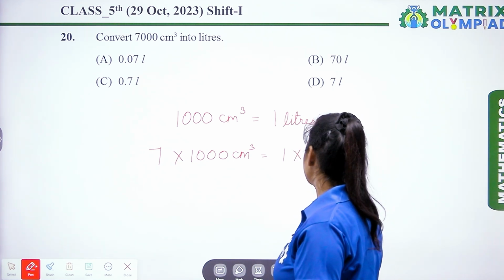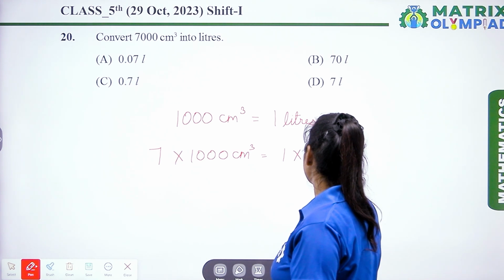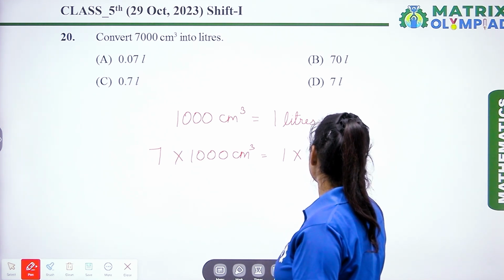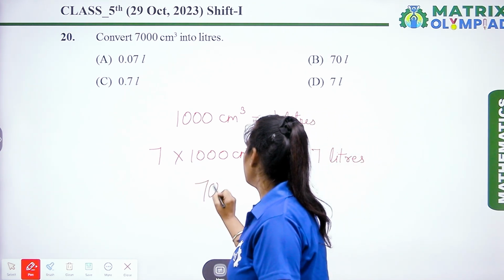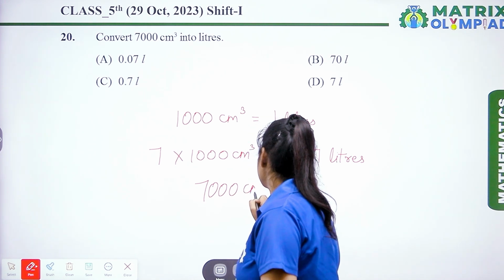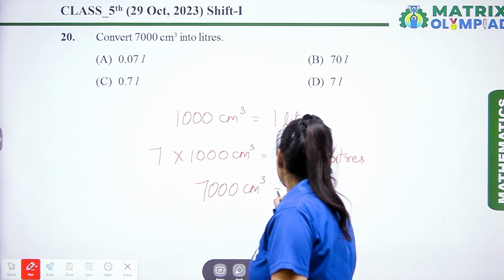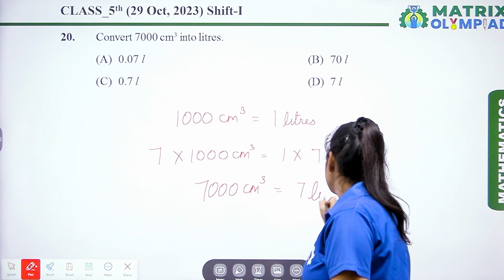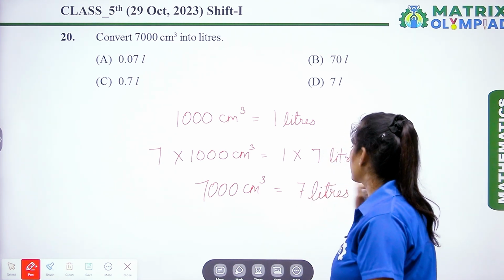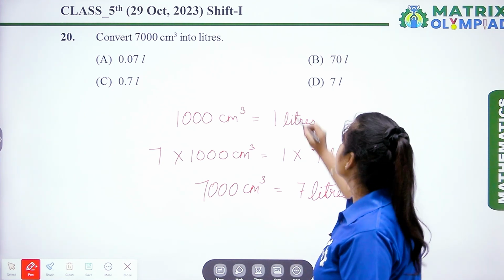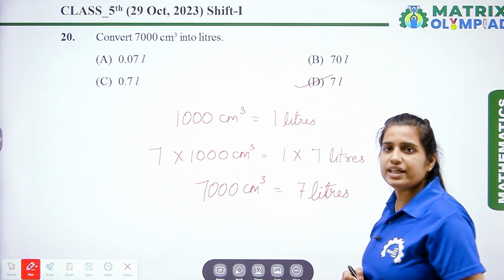So here 1 multiplied by 7, so here 7000 centimeter cube is equal to 7 liters. So the correct answer is option D.